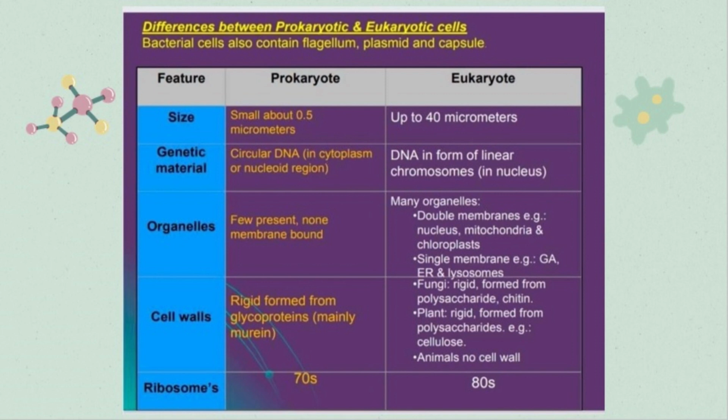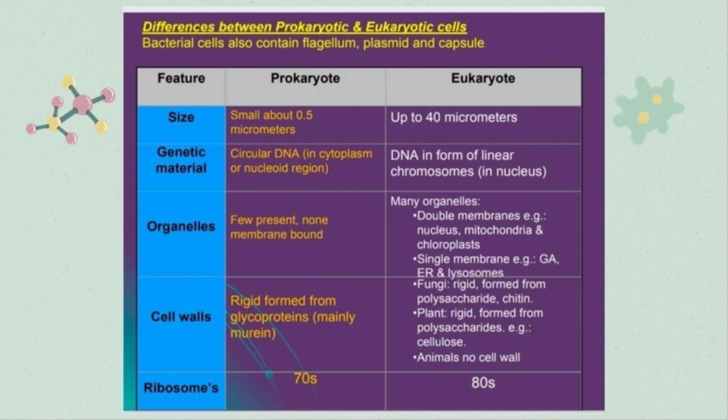In the organelles, in prokaryote, only a few are present, while in the eukaryote, many organelles are present. In cell walls, prokaryote has a rigid wall formed from glycoproteins, mainly murein, while in the eukaryote, fungi and plants have cell walls and animals have no cell wall.